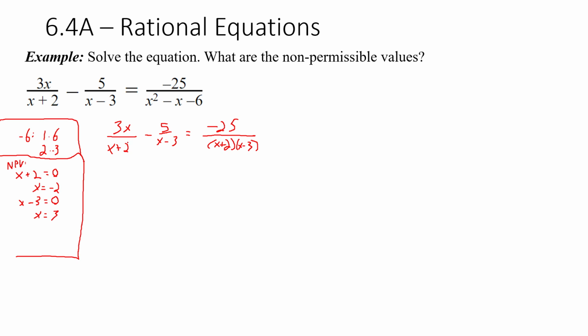Let's go with the other strategy this time. Let's multiply everything by the lowest common denominator. All three of these share factors of x plus 2 and x minus 3. So if we multiply everything by x plus 2 times x minus 3, we'll cancel out all of our denominators. So x plus 2 times x minus 3 over x plus 2, times 3x still.